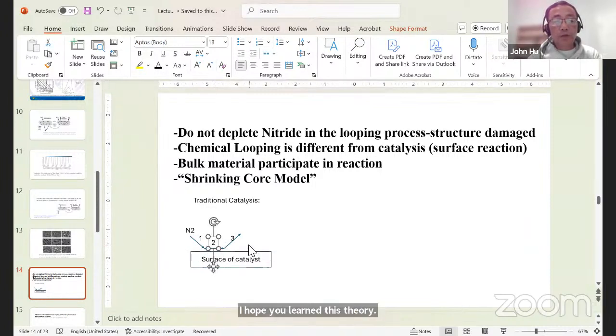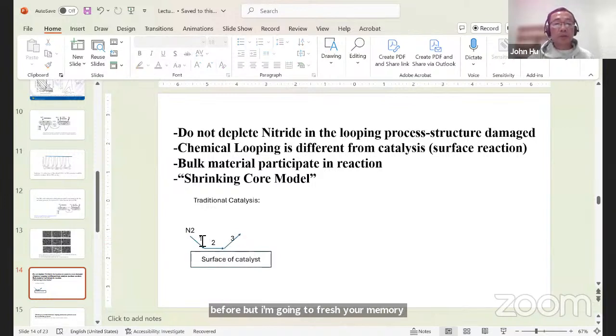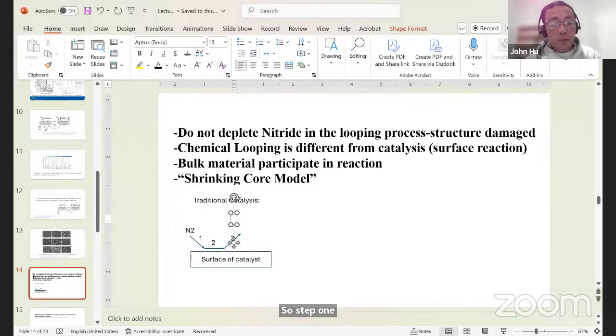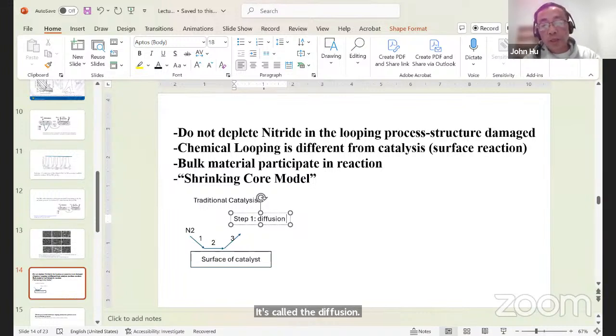If you haven't learned it, just follow me. Step 1 is called diffusion. Diffusion means external diffusion, where gas N2 diffuses to the surface, and then there's internal diffusion.